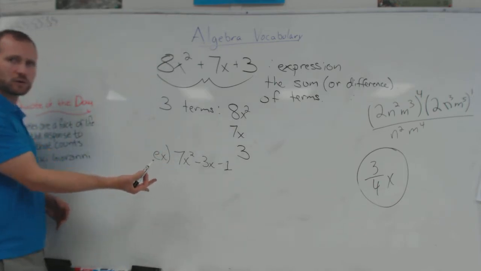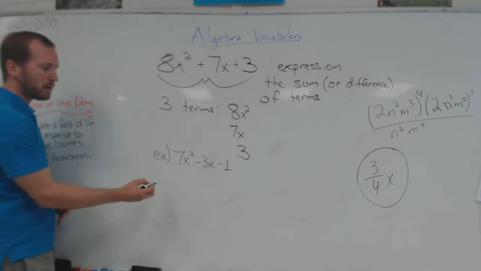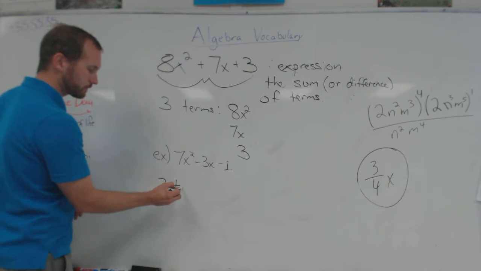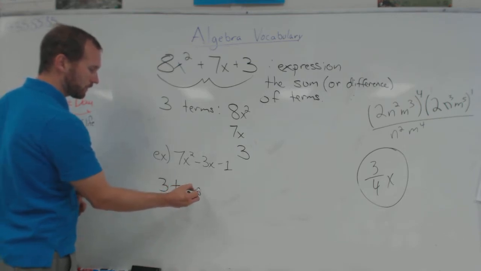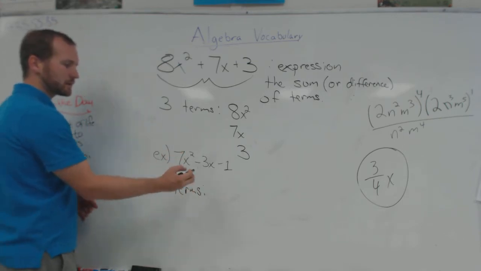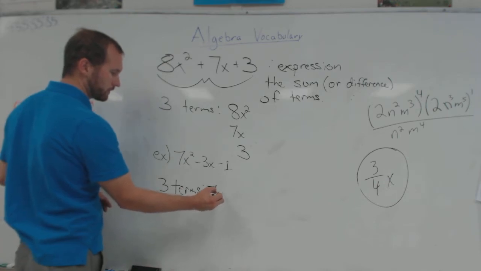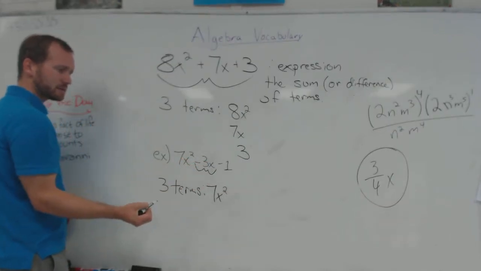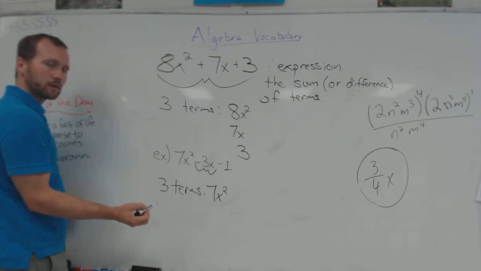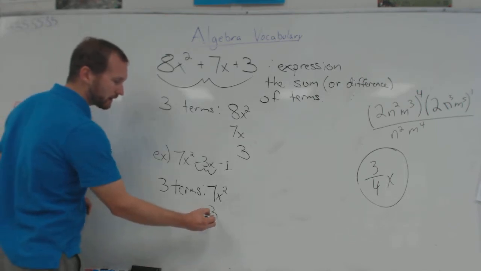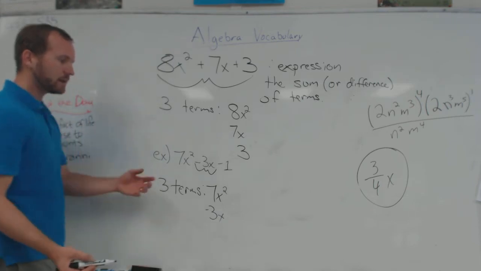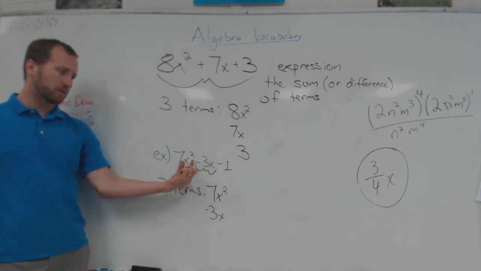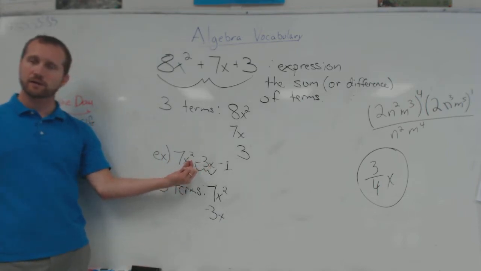This is an expression with 3 terms, but what are our 3 terms? The first term is 7x squared. The second term is all of this. It has to include that negative. We can't separate this term from the negative that's in front of it.